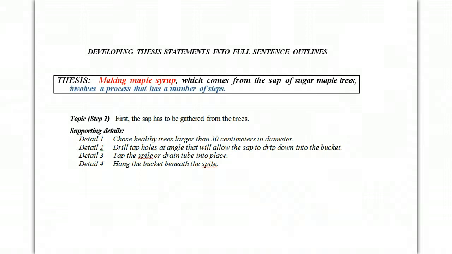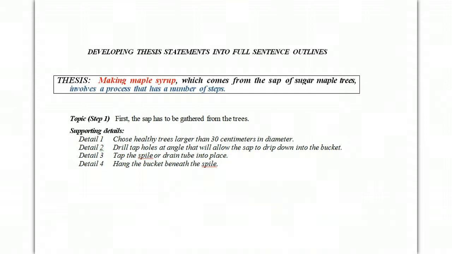And the clause that's between the two, which comes from the sap of sugar maple trees, is neither the subject nor is it the point. It's just a modifier along the way. So it's okay that it's there, but it would not be okay if that were the thesis statement trying to stand alone. So yes, we have a complete thesis statement.